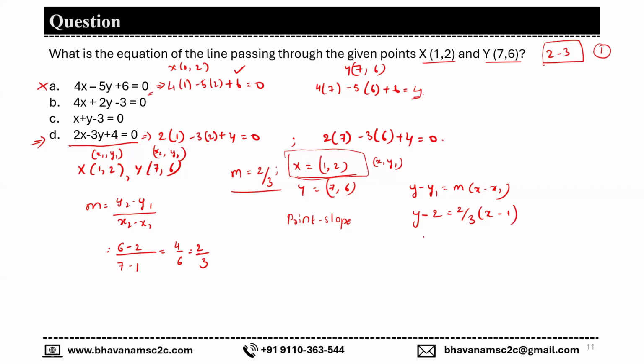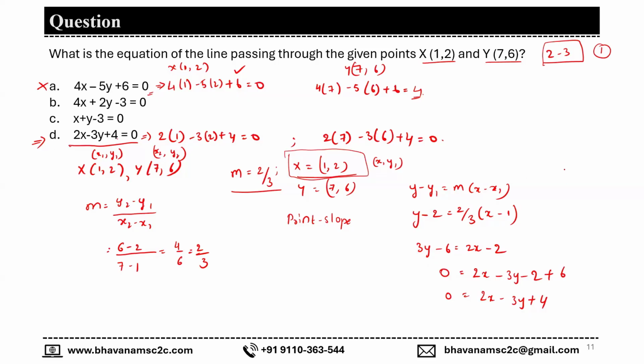Now, what will it be? 3y minus 6 is equal to 2x minus 2, which, taking 3y minus 6 to the right-hand side, gives 2x minus 3y plus 6 minus 2 equal to 0. So it is 2x minus 3y plus 4. So D is the answer, correct?